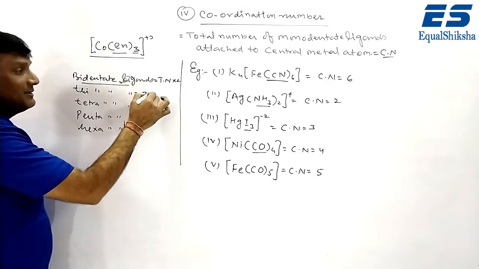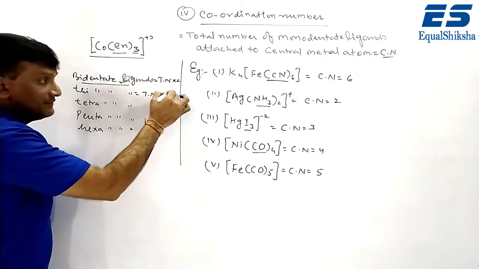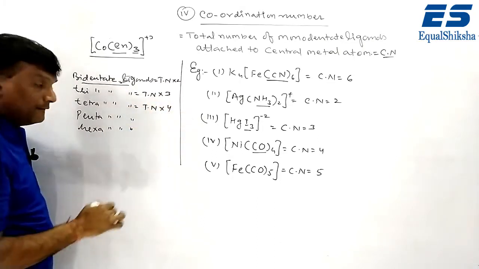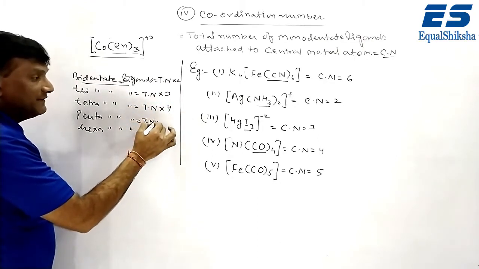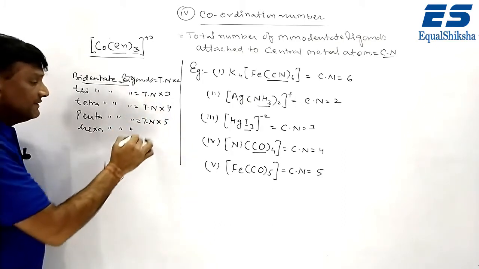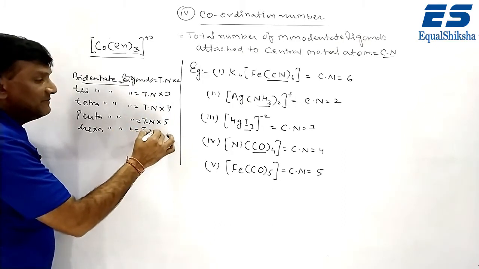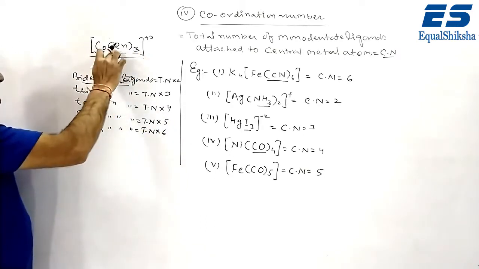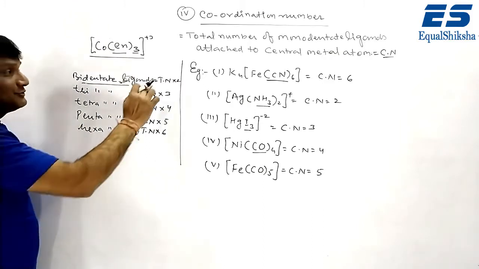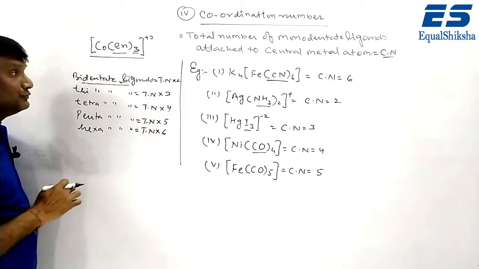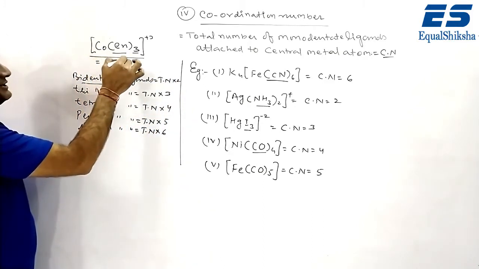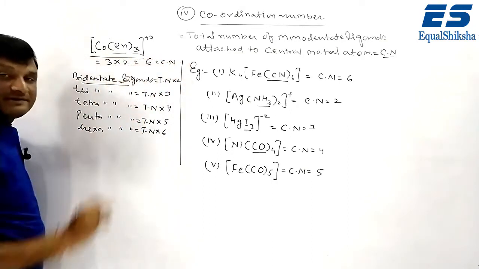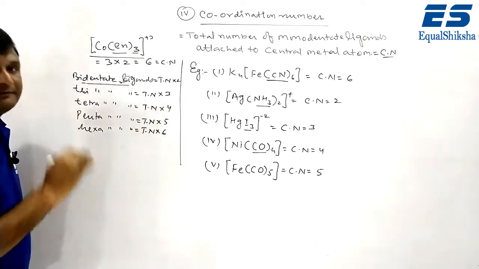Here the total number will be multiplied by 3. Here by 4. Here the total number of ligands will be multiplied by 5. And here by 6. So en is 3 and en is a bidentate ligand, so the total number will be multiplied by 2. So its coordination number will be 3 into 2 equals 6. Is that clear? Note it down.